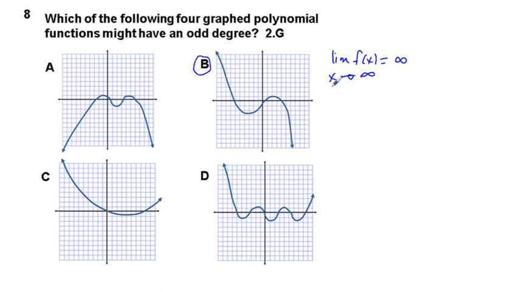The limit as x approaches infinity of f of x is actually negative infinity, and the limit as x approaches negative infinity of f of x is equal to positive infinity. We've got to make sure our limits on each end are different for an odd degree polynomial function.